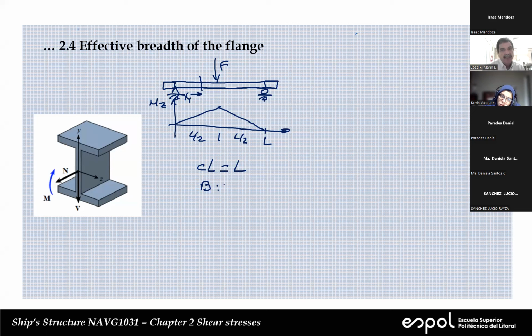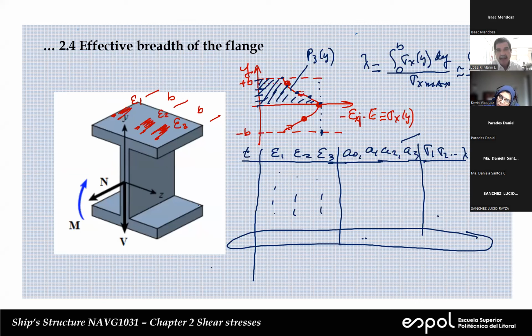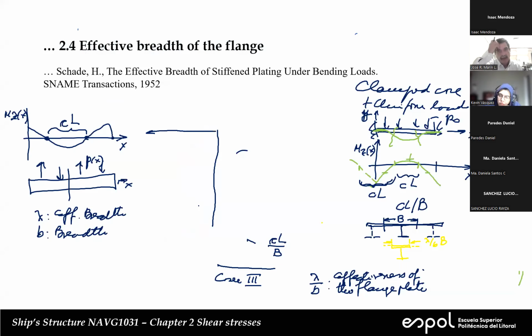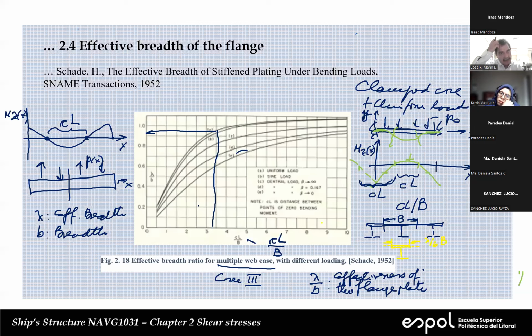Okay, now, B is data. So you have CL over B. This is known. So what you can do is you can go back here. You can go to DNV rules. Get this table.